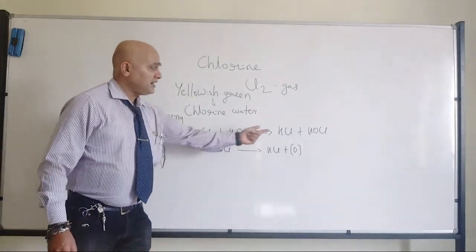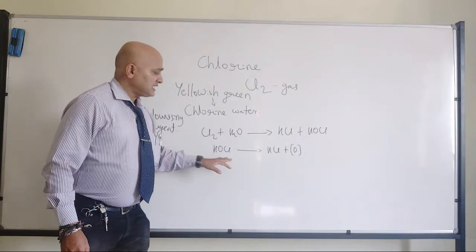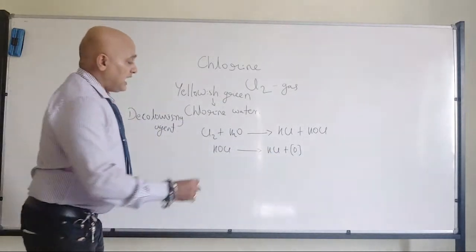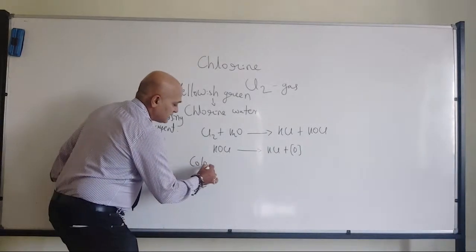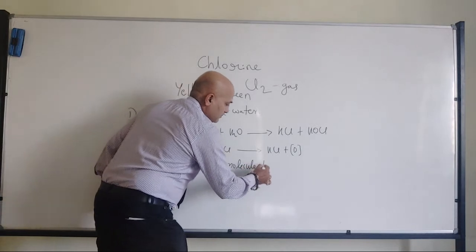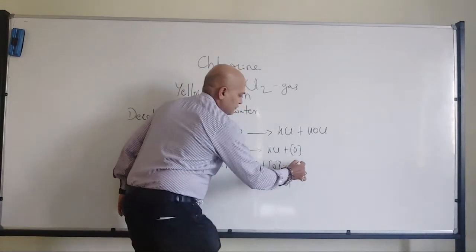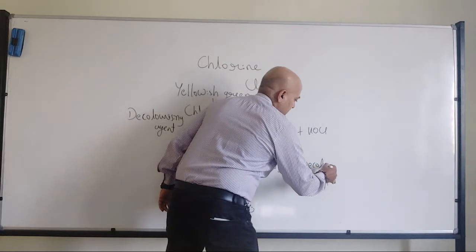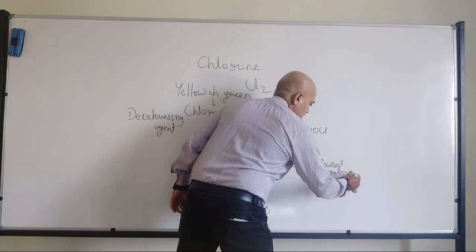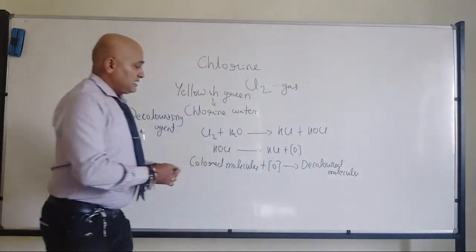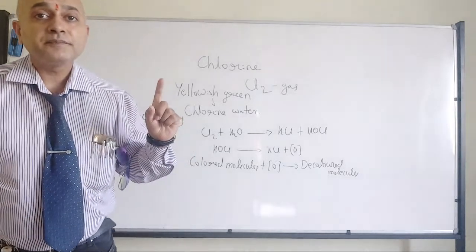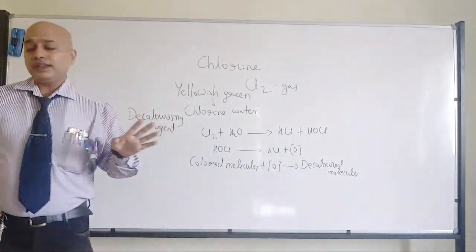Then you should tell that whatever HOCl is there can be converted into HCl and nascent oxygen, and this nascent oxygen will react with colored molecules plus nascent oxygen, and they will become decolorized or colorless molecules. Anything is fine.